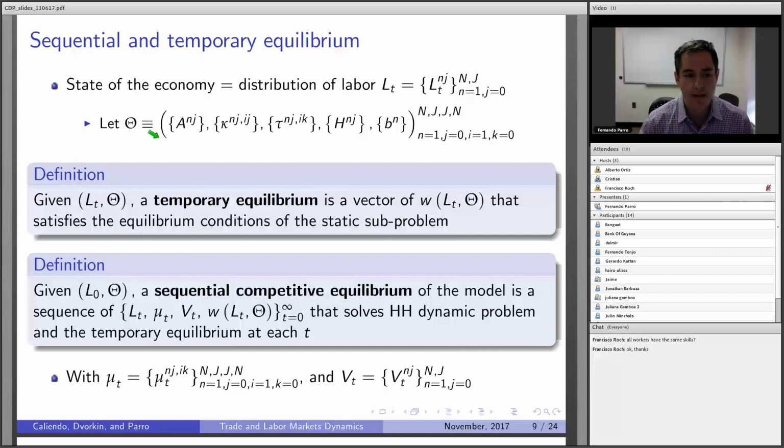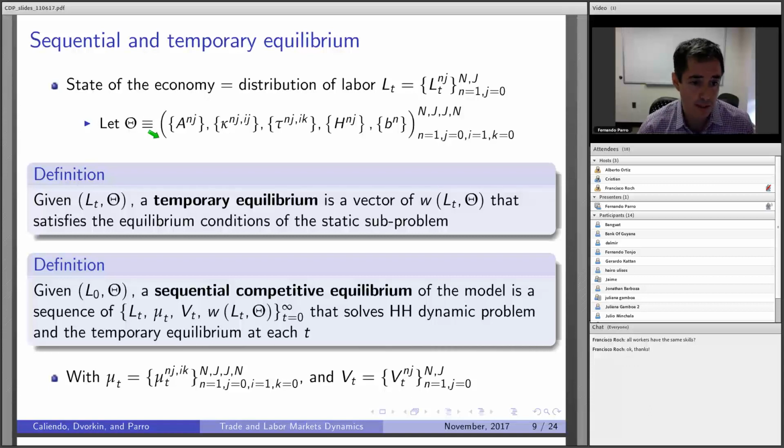So this slide just formalizes what I have said so far and defines the equilibrium of this economy. The state of the economy is given by the distribution of labor across different labor markets, L. And we're going to define a set theta, which is going to contain the unobservable fundamentals or parameters in the economy.